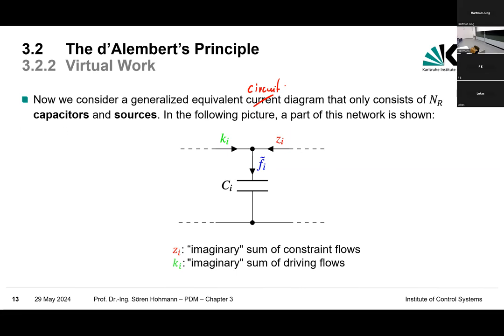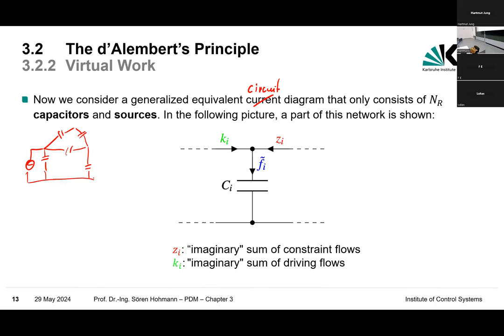So what we do is we use the network of capacitors, and we want to get rid of the intermediate flows, right? If you think of something like that, here you have a source of flow, and then some capacitors here and there and there, and it may look like this.